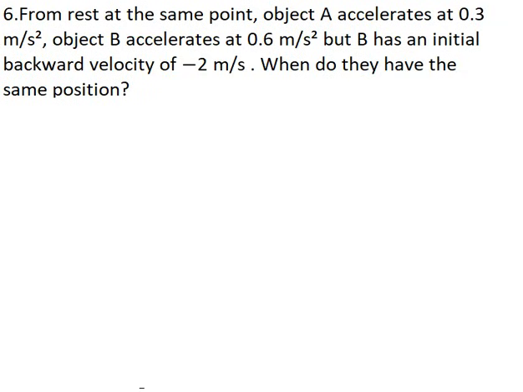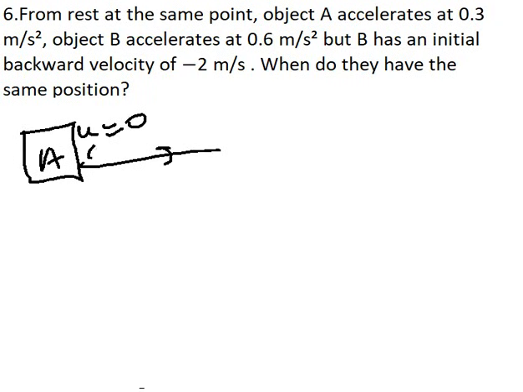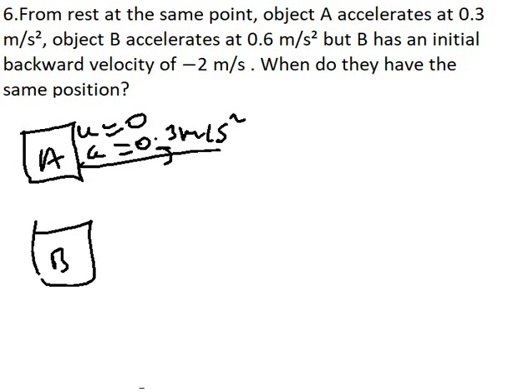And now let's say this is a question as well. From rest at the same point, object A accelerates, from rest, initial velocity 0, acceleration 0.3 meters per second squared. And object B also has initial velocity 0 and acceleration 0.6 meters per second squared.